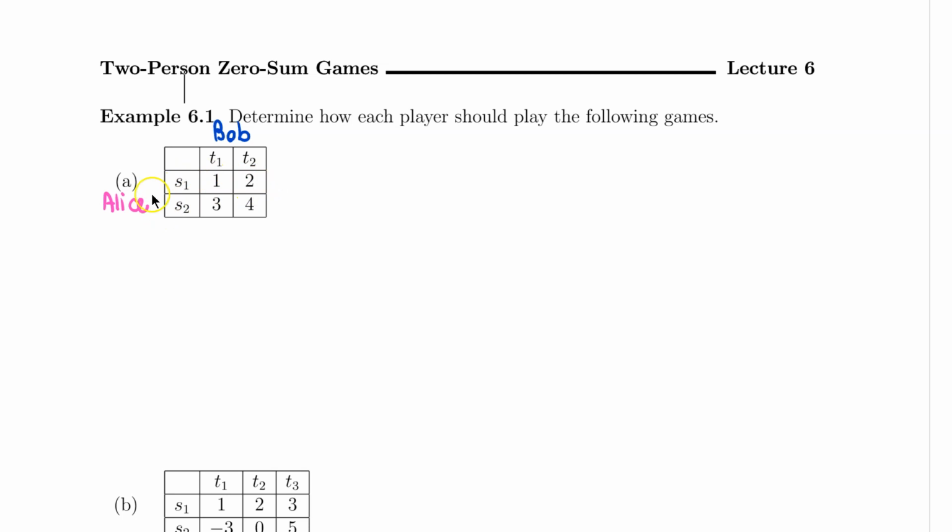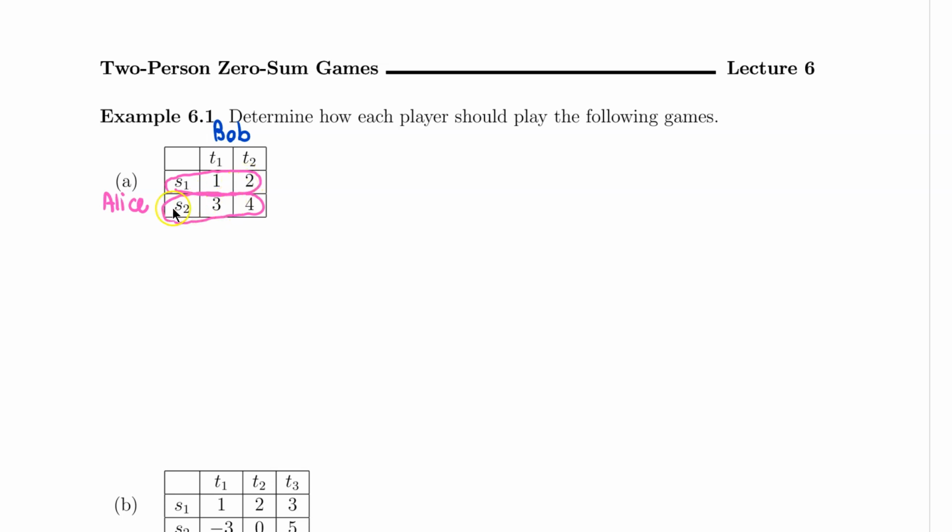Which choice should Alice choose? It's not hard to see that if Alice chooses the top row, then she'll either get $1 or $2. But if she chooses the bottom row, then she'll get either $3 or $4.